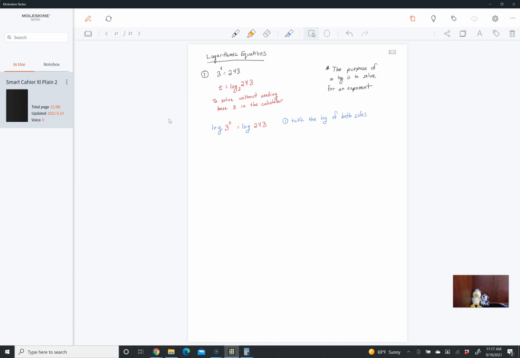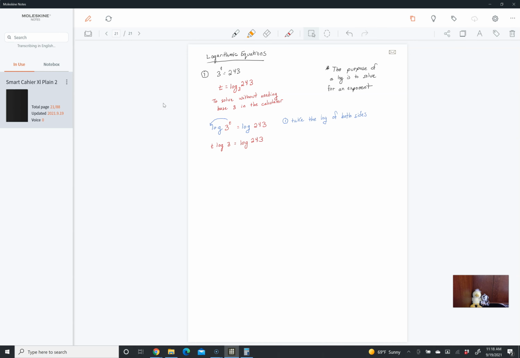And then you can see here that this t is an exponent. So we can apply the power property. And we can say, okay, well now, this is t log of 3 is equal to log of 243.